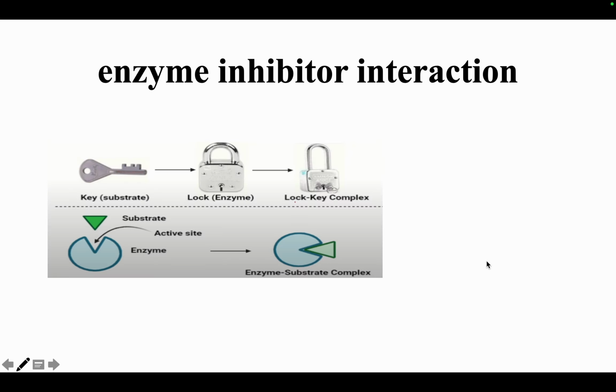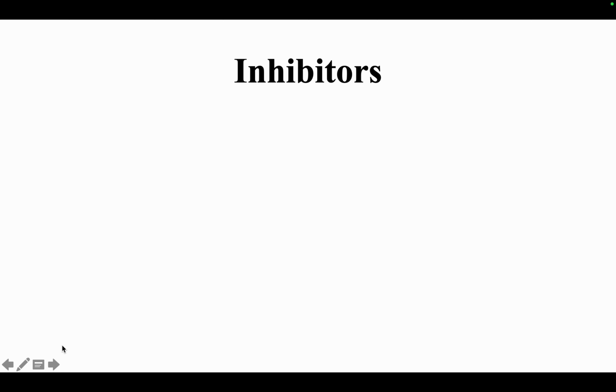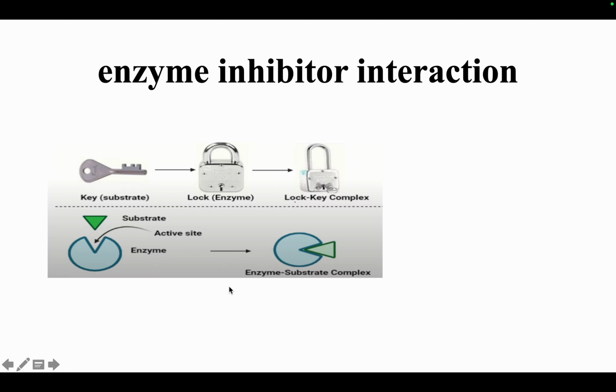There are different models which explain enzyme inhibitor interaction, and one of the well-known models is the lock and key model. It has this name because the key has a 3D conformation exactly complementary to the lock.